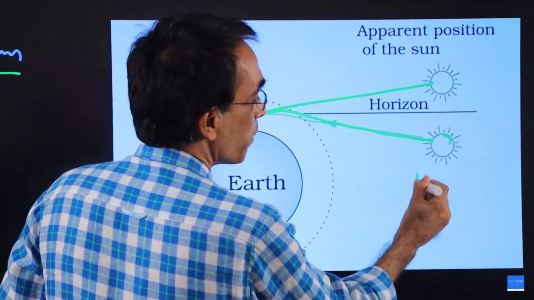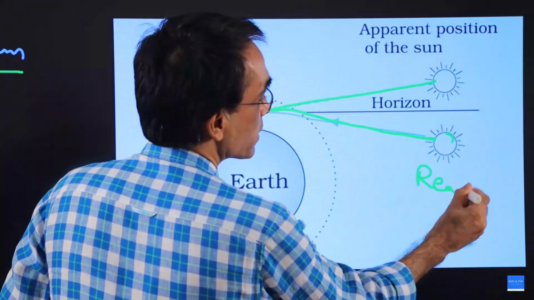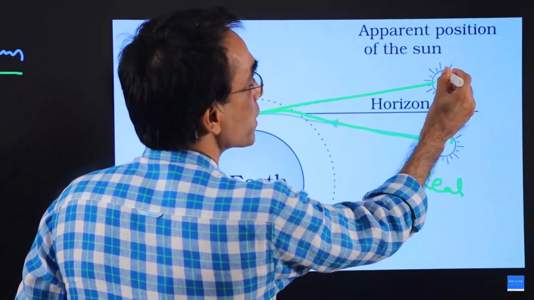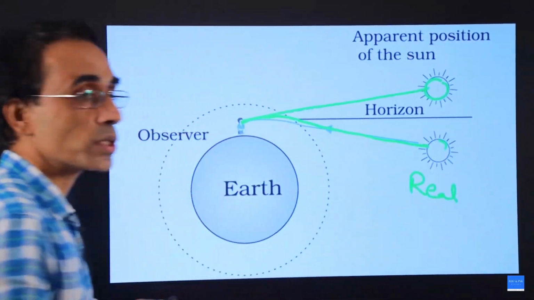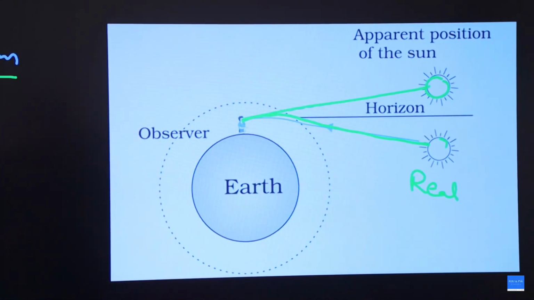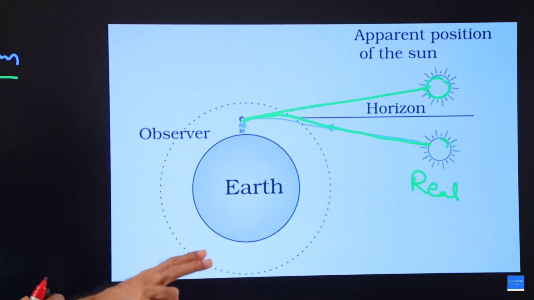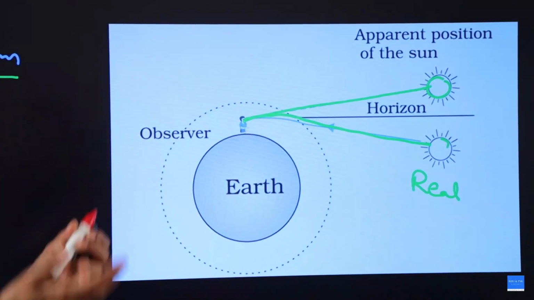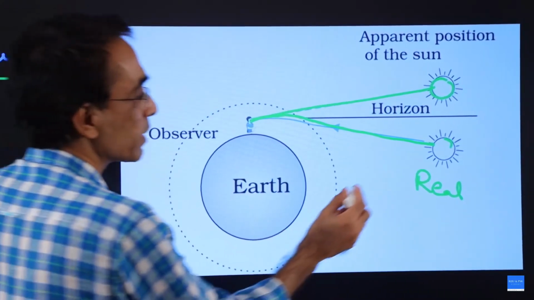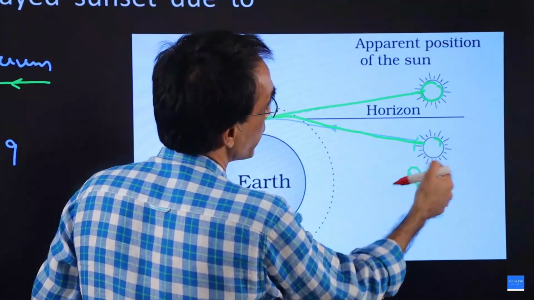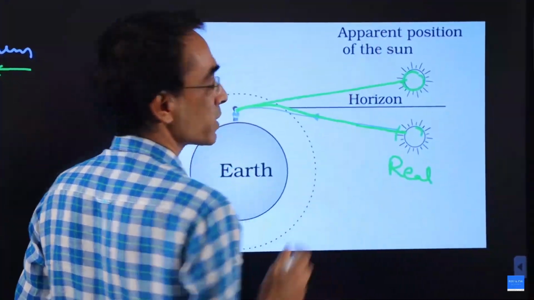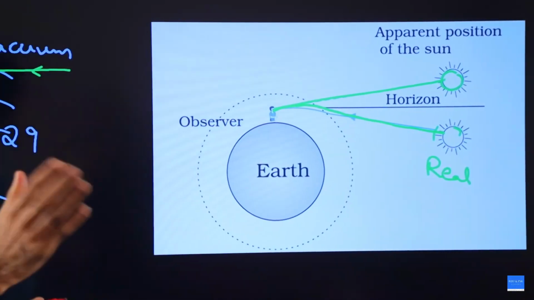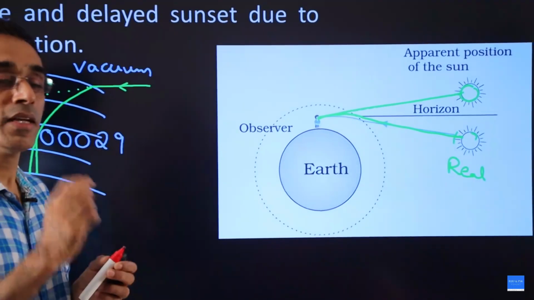So the real position of the sun is here, but this is visible for the person just because of atmospheric refraction. Interesting phenomenon, right? The sun is not actually visible, but due to refraction by air, it is visible. So the sun which is actually here will appear above the horizon. So the person will feel that the sun has actually risen.